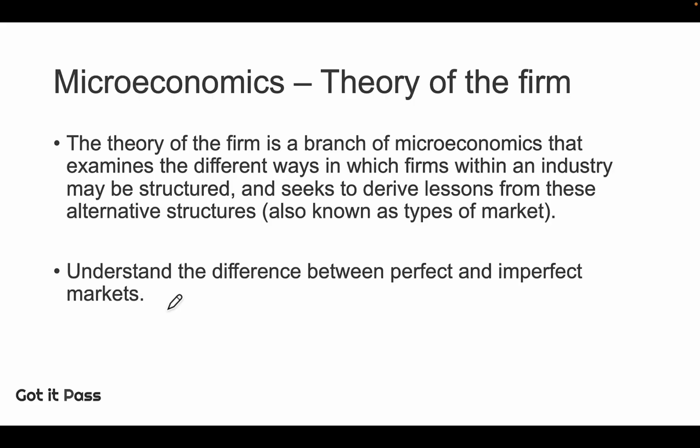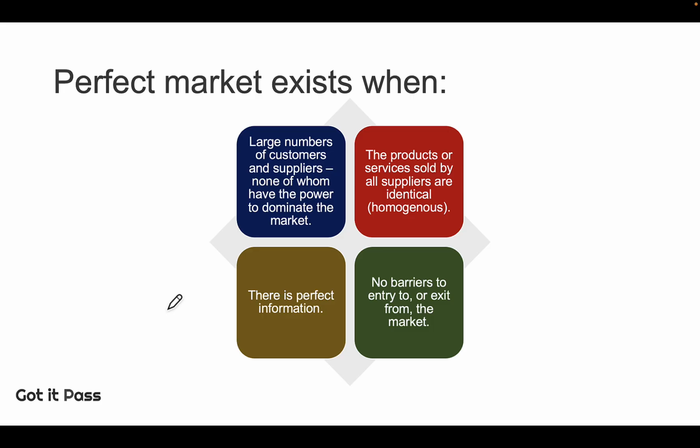Understanding the difference between perfect and imperfect markets is our first issue to share. First of all, we highlight what a perfect market is. A perfect market, in simple words, is perfect. Under what conditions is the market perfect? First, large numbers of customers and suppliers.